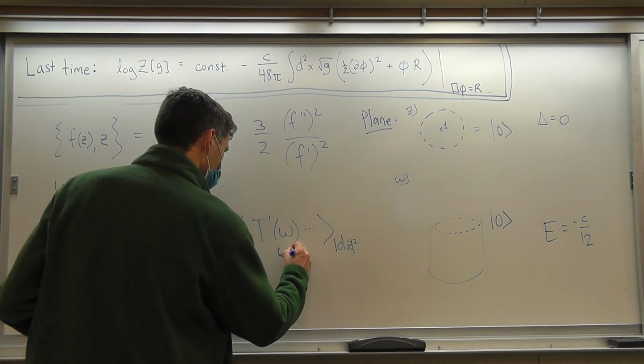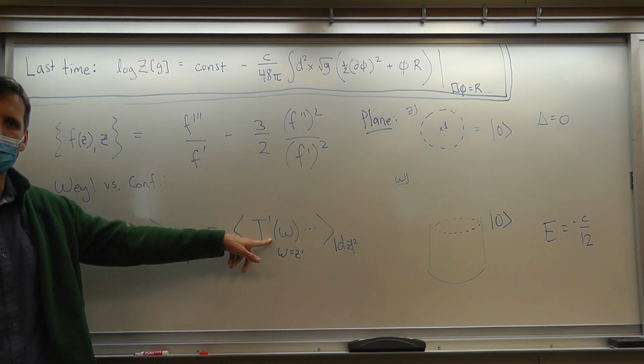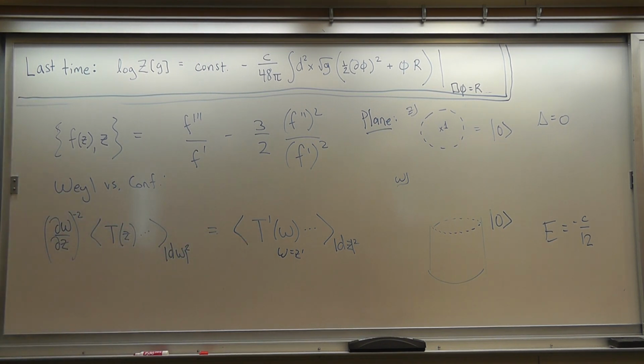And w is z prime. The only difference from the scalar one that we discussed before is that we also have to stick in this factor for the indices. Sorry, that's upside down. That should be -2, because this has 2 lower z indices, and this has 2 lower w indices. So it goes that way.